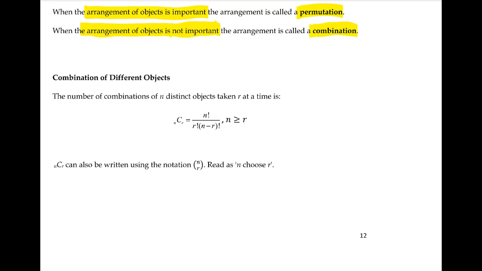And again, this stipulation at the end is strictly there so that we don't end up with a 0 in the denominator. It's twofold: we avoid the 0 in the denominator, and we also can't choose more things than we have to choose from.